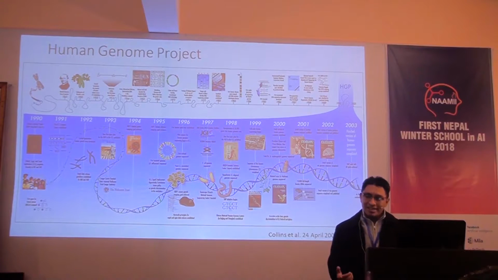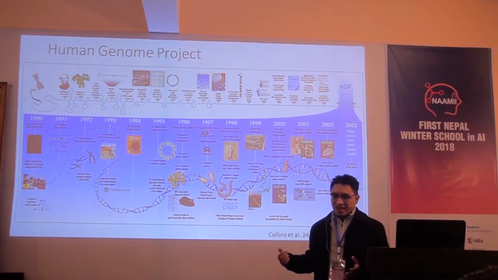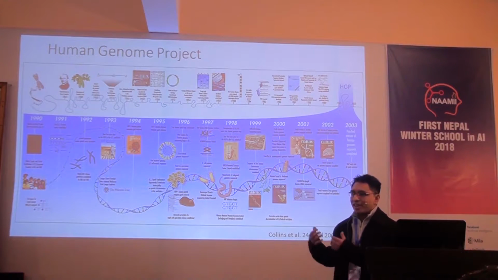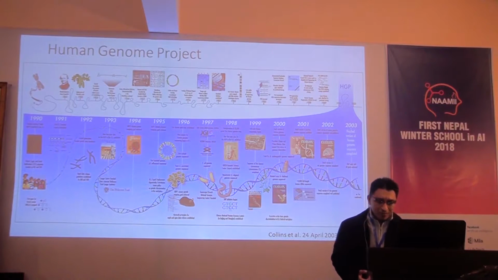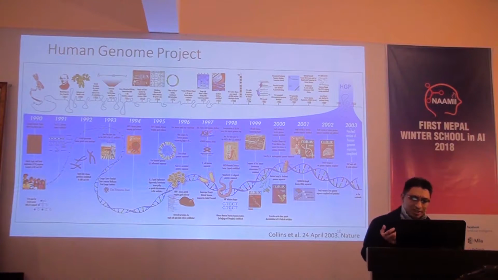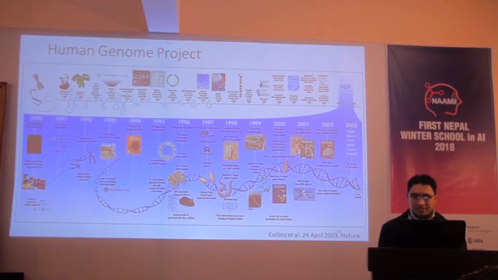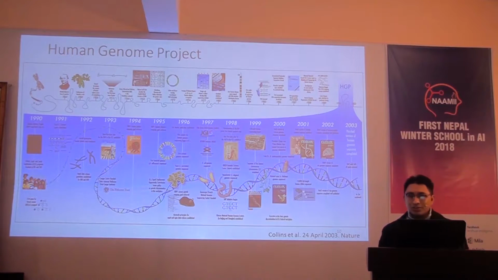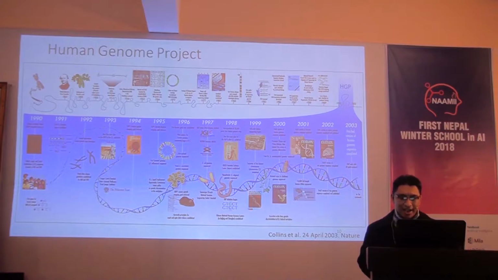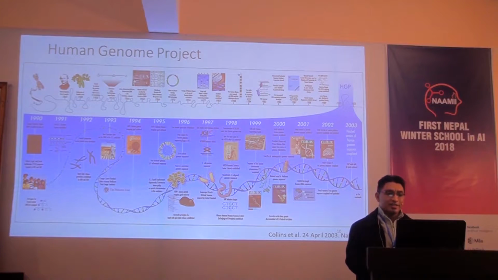But from the 1990s, they did not have any other way than to adopt computer science tools to analyze their data. So the Human Genome Project really kicked off all that development in the field of computer science to solve biological problems. And that's essentially the field of bioinformatics.